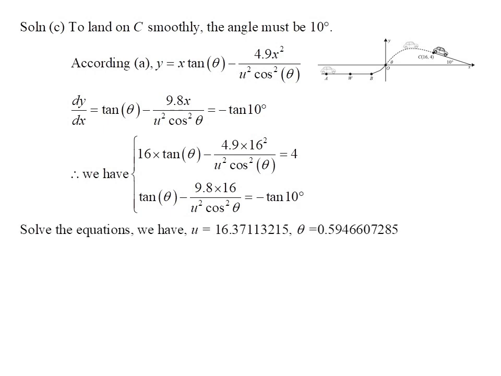With the help of a CAS graphic calculator, we solve the above equations and obtain u equals 16.4 meters per second and theta equals 33.8 degrees approximately.